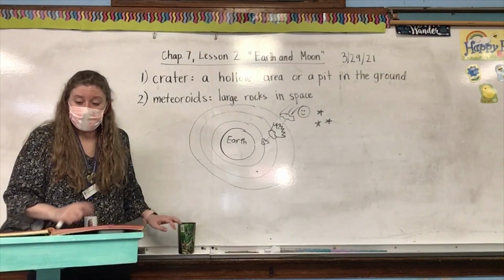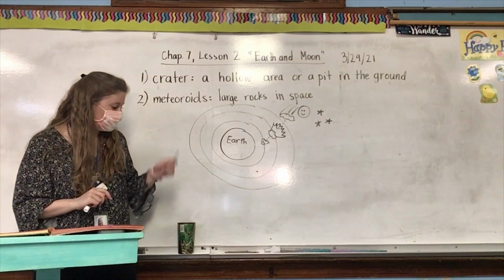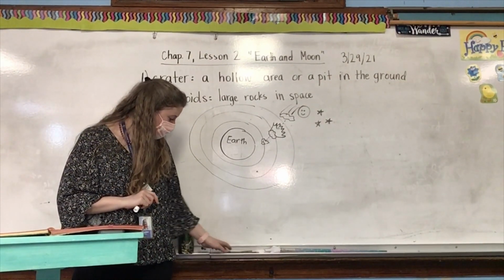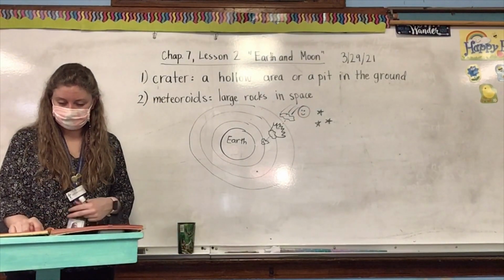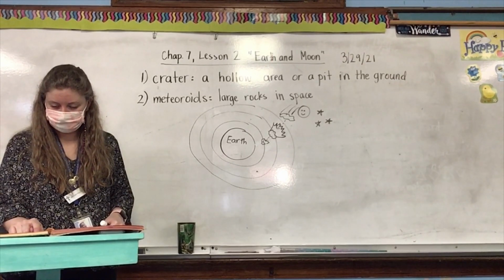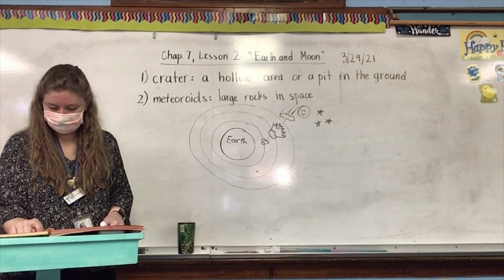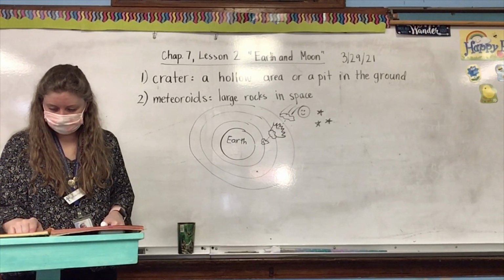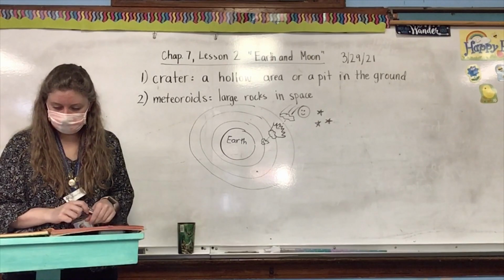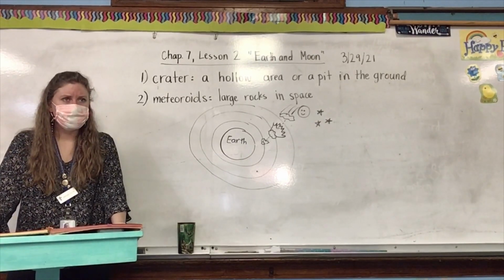Okay? What are the phases of the moon? Please read, Mason. What are the phases of the moon? Like the sun, the moon seems to rise and set. The sun does not move around the Earth, but the moon does. Oh, sorry. So remember, does the sun move?